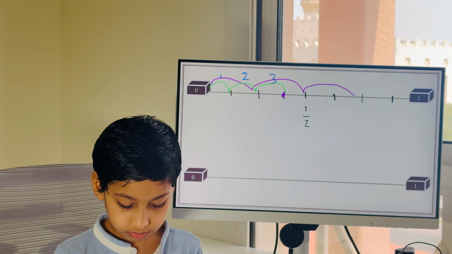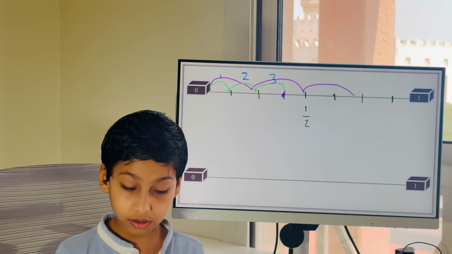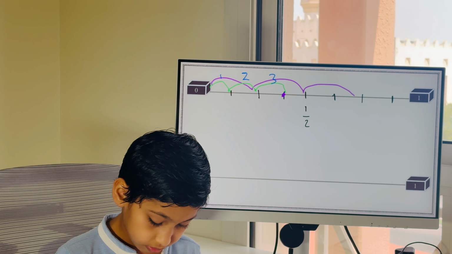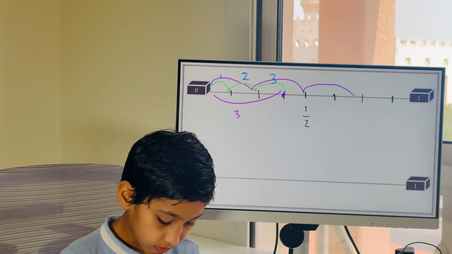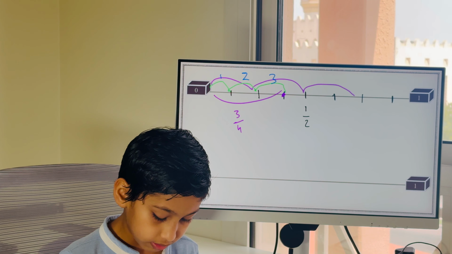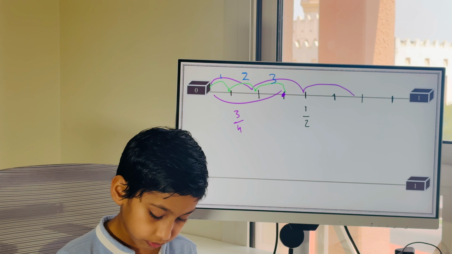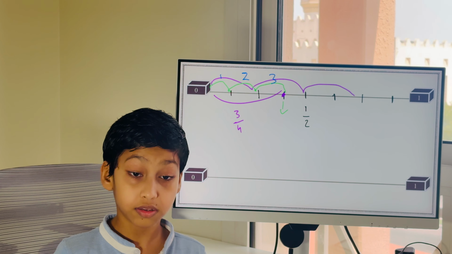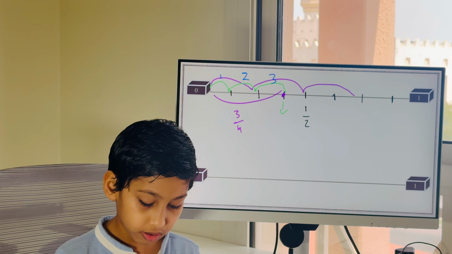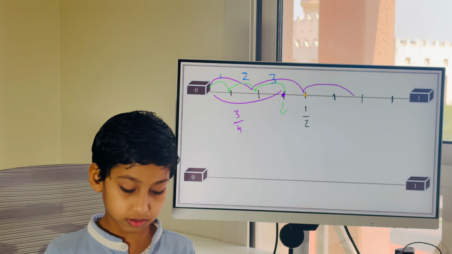As you can see, it says 1 by 2 of 3 by 4. So this is 3 by 4, right? And this whole thing is 3 by 4, right? But what does this point right over here represent on the number line? For example, this point right over here represents 1 by 2, right? So what does this point on the number line represent?